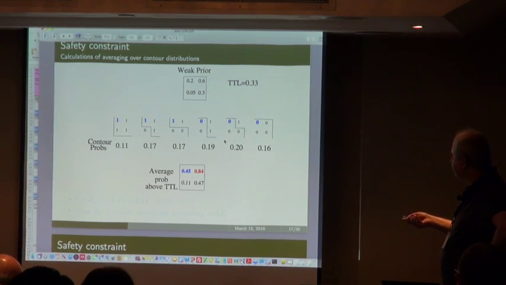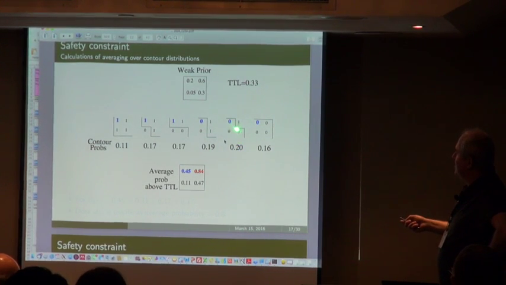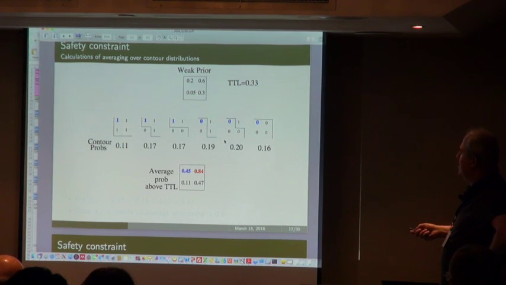There's a slight preference: this is the mode, the most likely, and that maps directly to those probabilities. This probability is above the TTL, which is why this pattern is the most likely, but there isn't much preference yet.